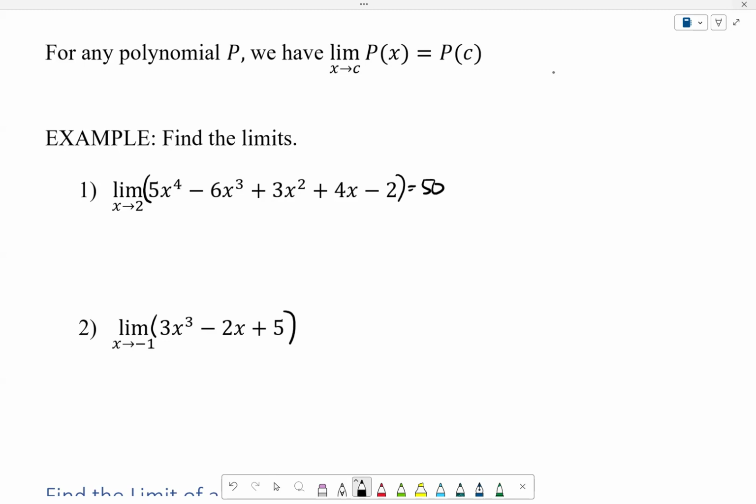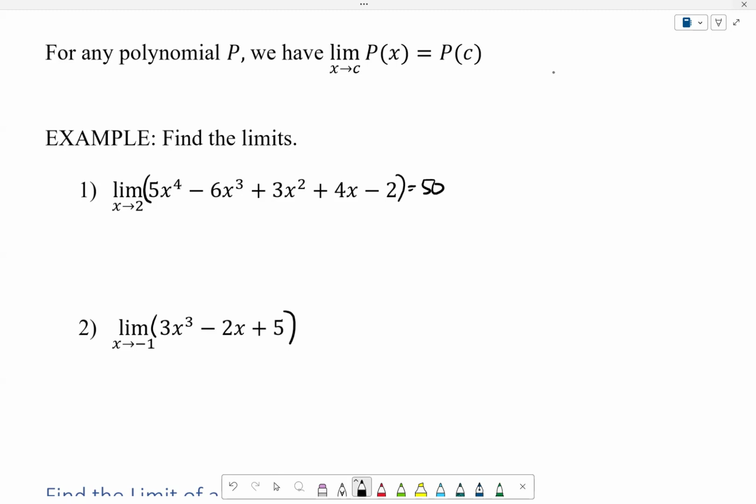I want you to think back and see if you remember an easier way to evaluate that polynomial if x equals 2. Think about it for a moment. Anyone coming up with anything? It seems like the most direct way is just plug in a 2.